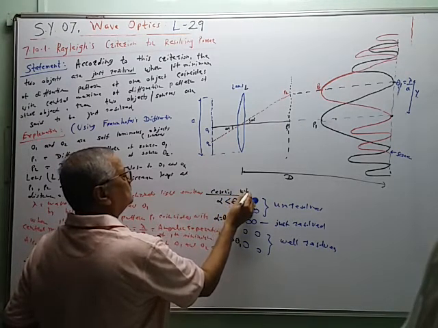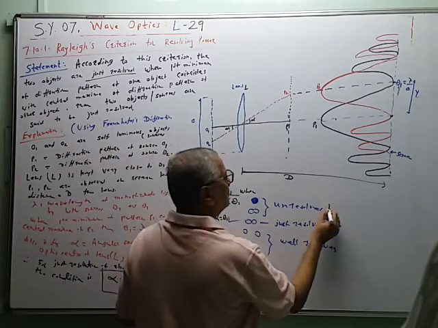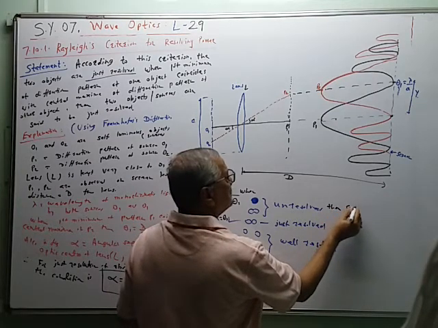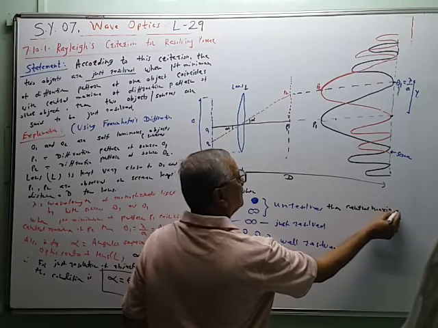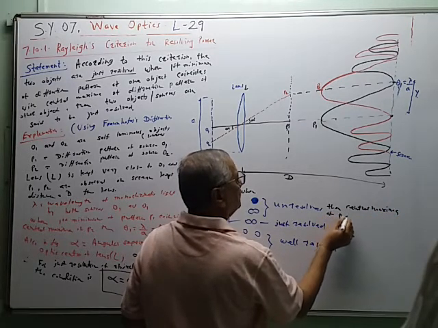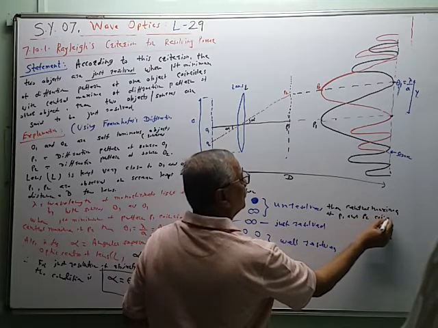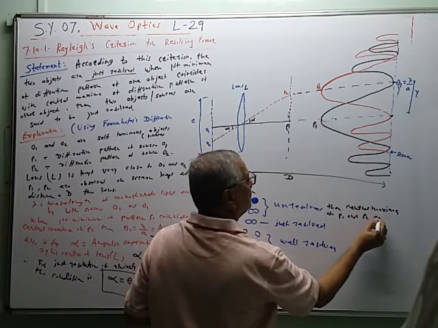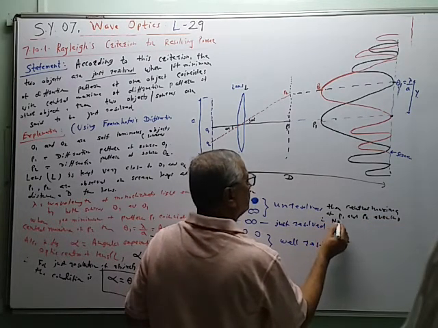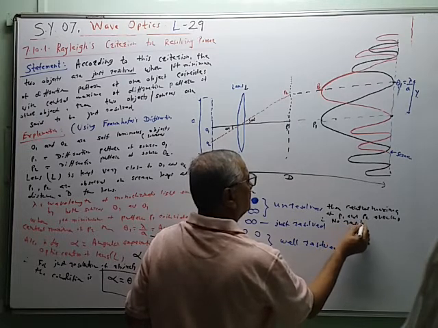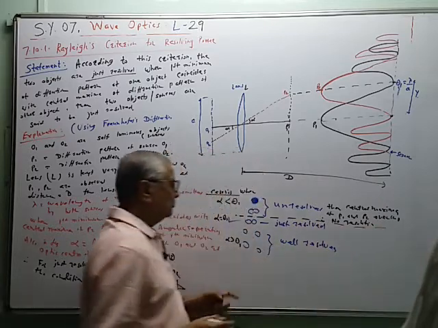When alpha is less than theta 1, then the central maxima of P1 and P2 coincide or you can say overlap. Therefore, no resolution.